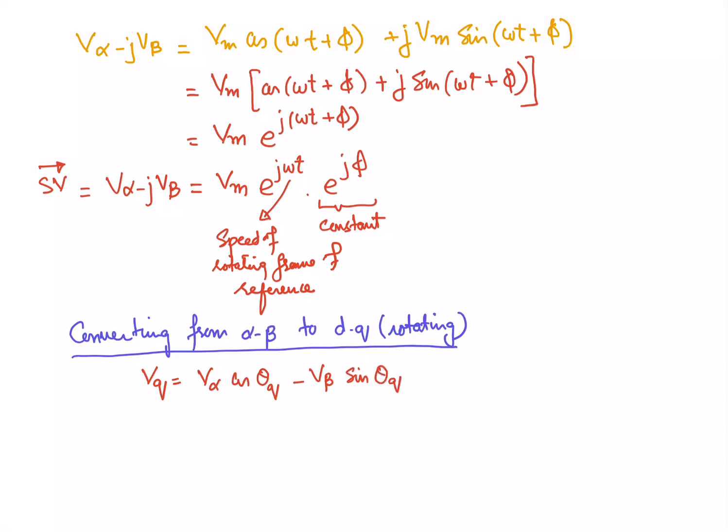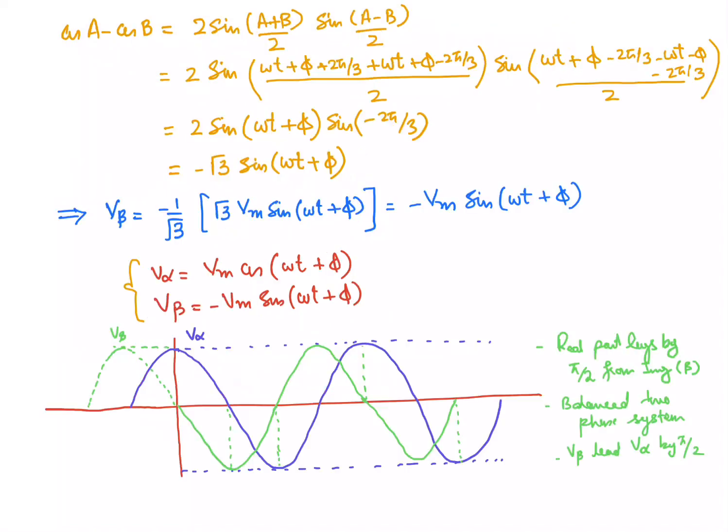So we have derived this equation earlier. Okay, now we are going to work out Vq. So Vq can now be written as we know the expression for V alpha. If we go back to the previous slide, you can see Vm cos of omega t plus phi, and V beta is this one.